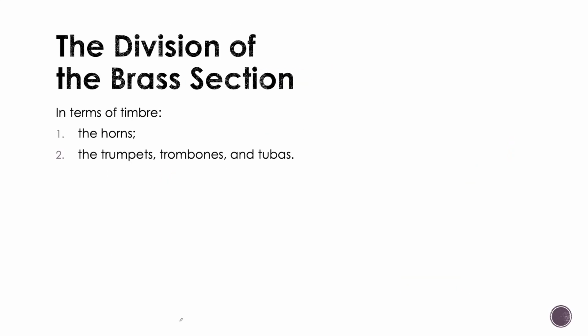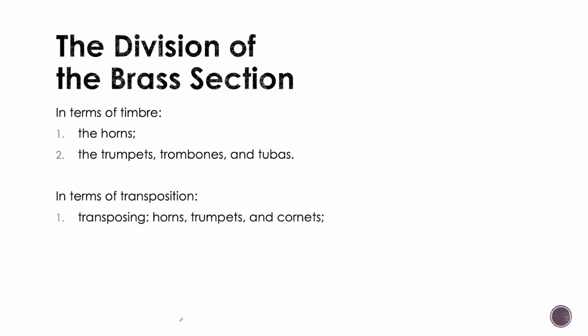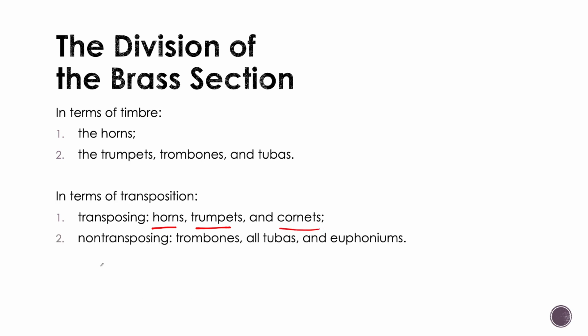The other way of dividing the brass section is to do it in terms of transposition. We have transposing brass instruments: horns, trumpets, and cornets. And then we have non-transposing brass instruments, which are trombones, tubas, and euphoniums.